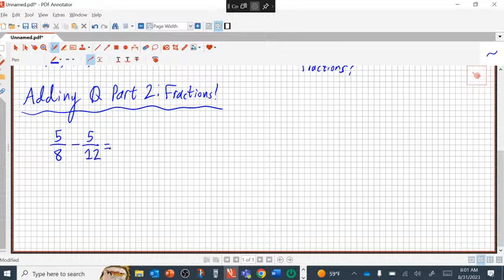Russ, how do we manage that? What do we need to do with this? Beautiful. Excellent, because we have to keep it an equivalent fraction. Very good.